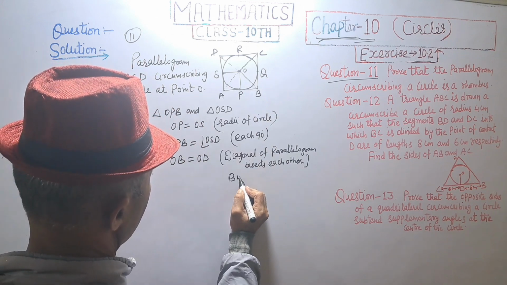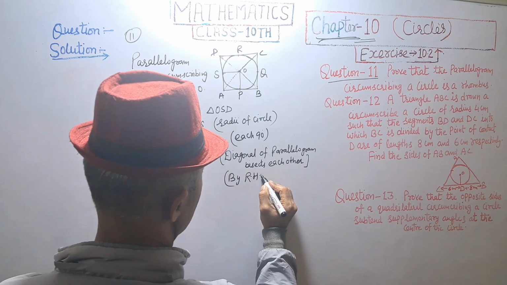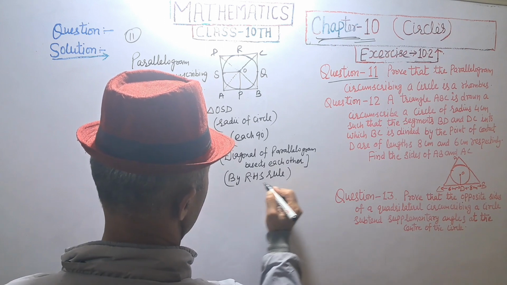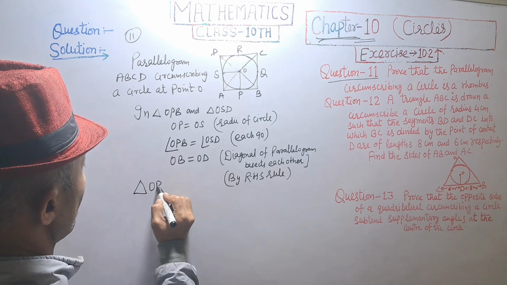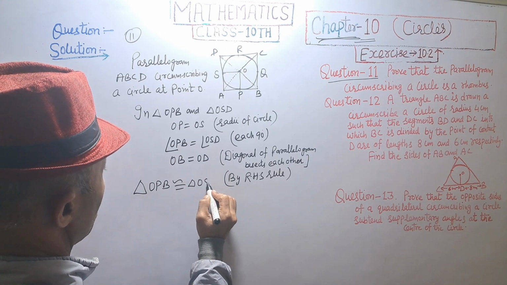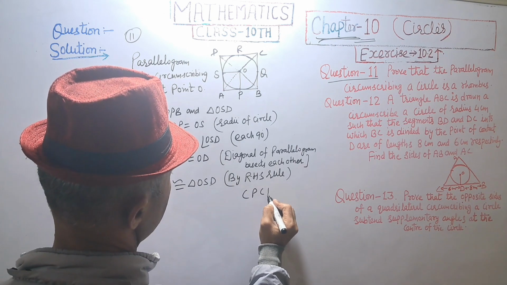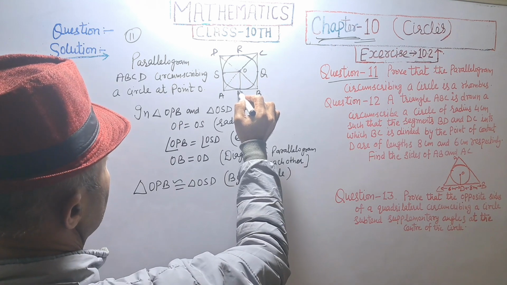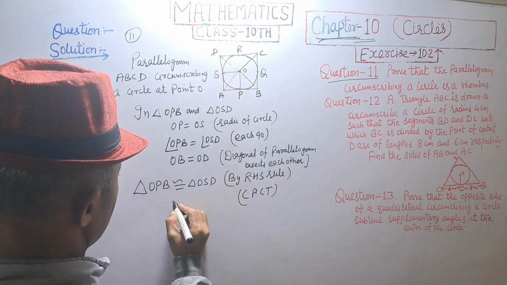By the right angle hypotenuse side RHS rule, triangle OPB is congruent to triangle OSD. And by CPCT, PB is equal to SD.